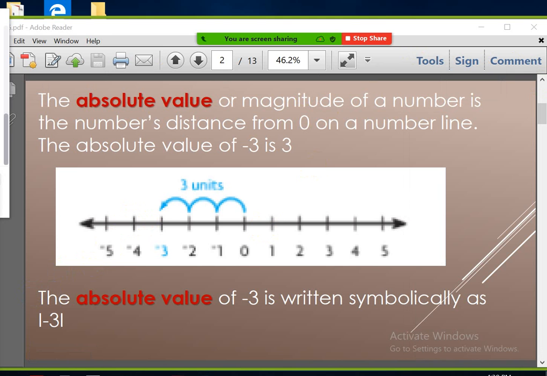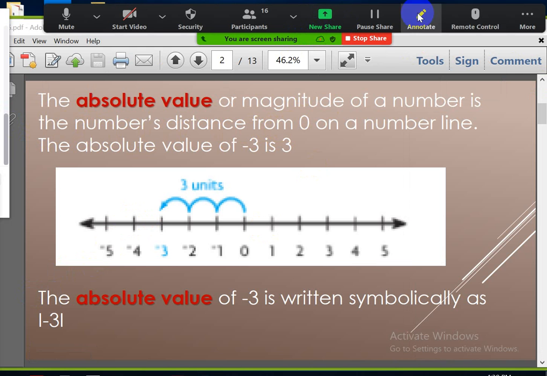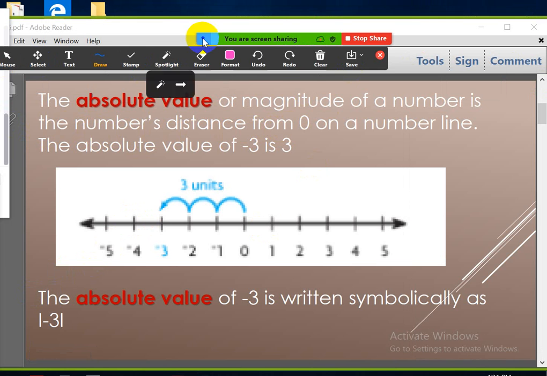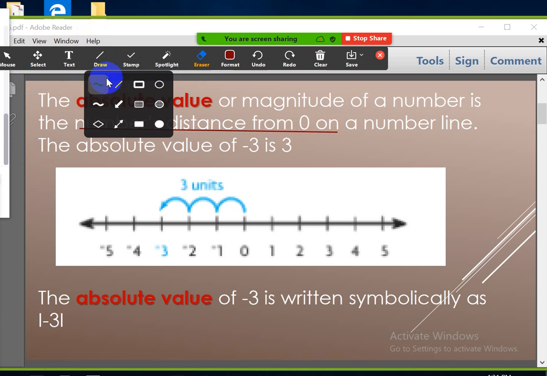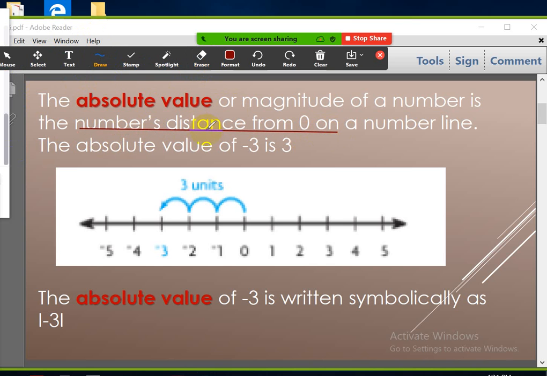The absolute value is the number's distance from zero. I want you to focus on this. The absolute value is the number's distance from zero on the number line.